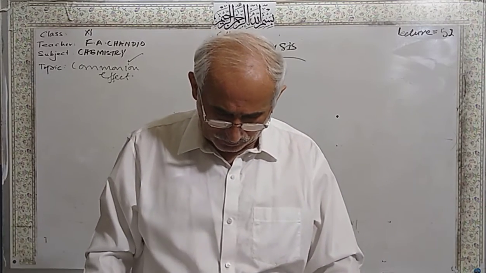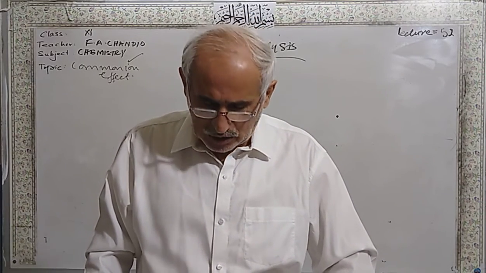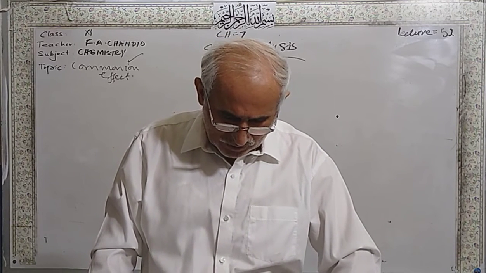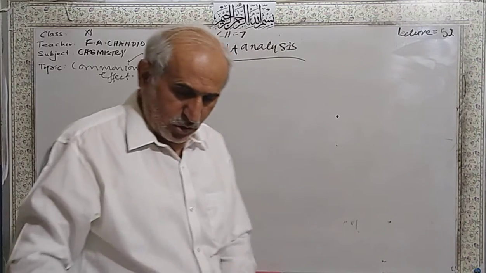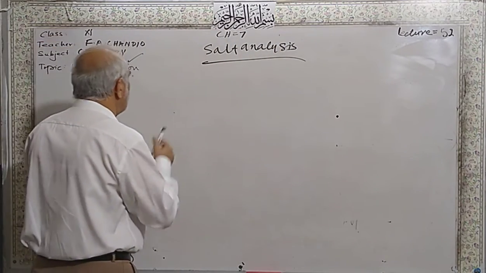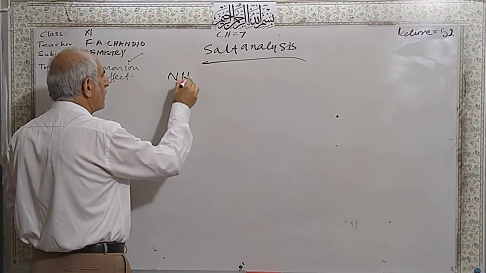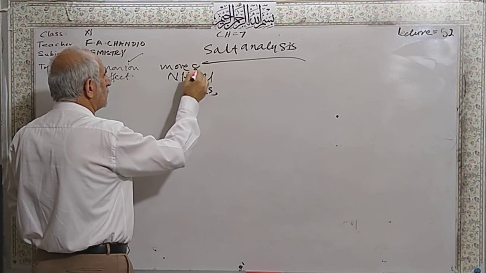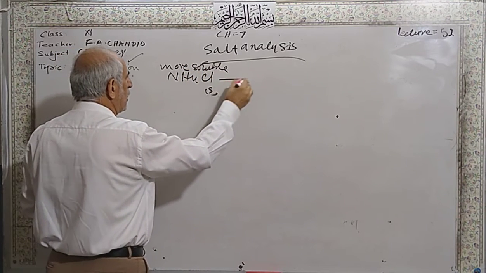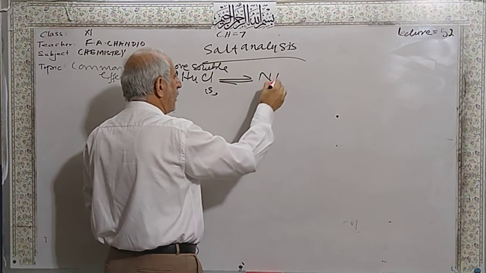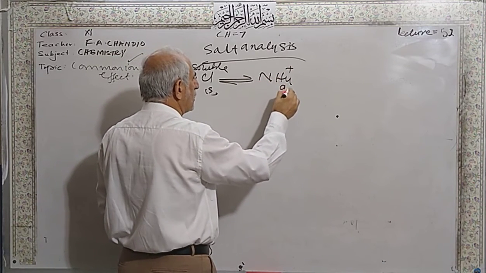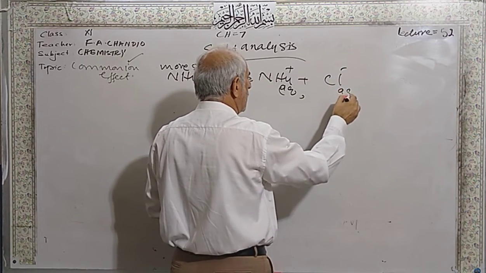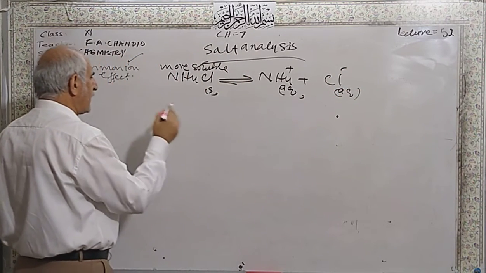Ammonium chloride is a water soluble salt. What will happen if the salt is added to ammonium hydroxide? Ammonium chloride is a more soluble salt that gives ammonium ions and chloride ions in aqueous solution in one test tube.